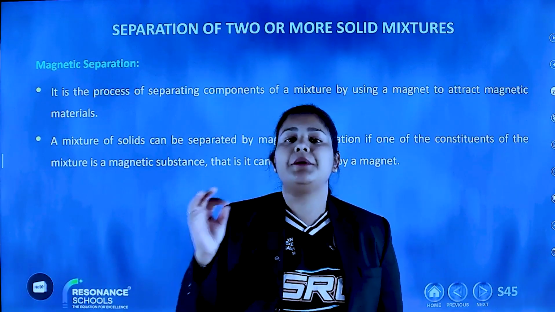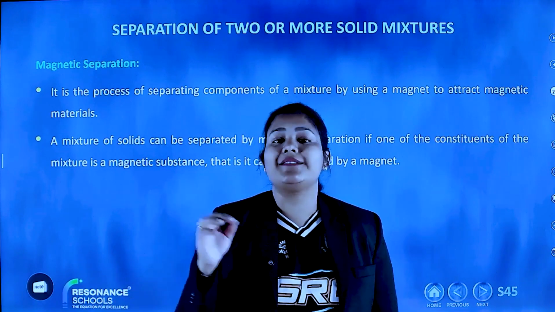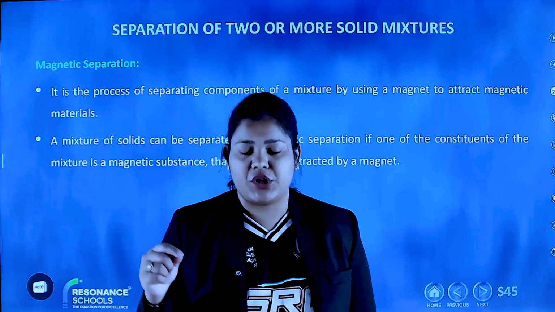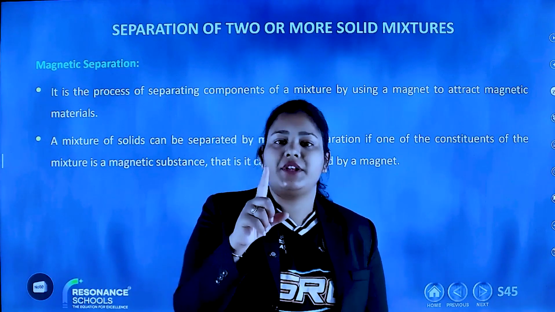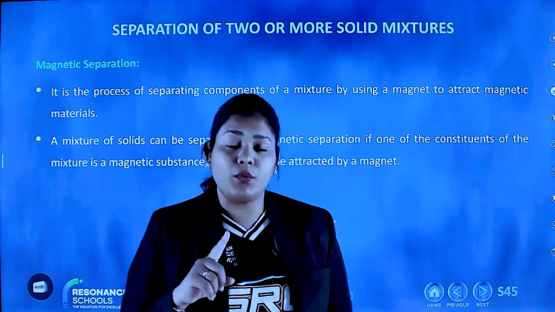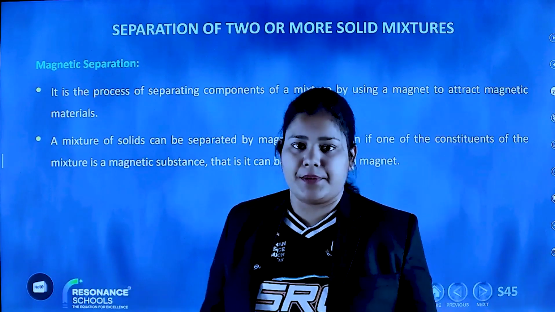Whenever you are going through magnetic separation, you need to remember that when you make a mixture, one of the substances must be attracted towards the magnet, and only one, right? If all the substances were attracted to the magnet, again the separation is not possible.